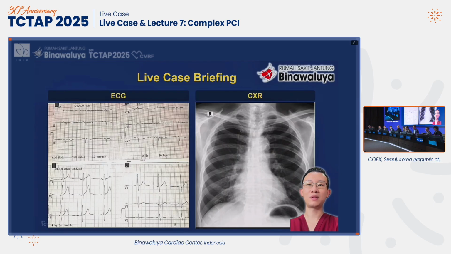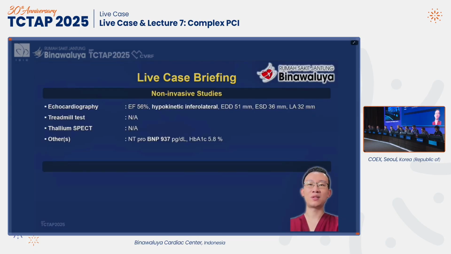The electrocardiogram showed normal sinus rhythm with old posterior infarction. Chest X-ray showed no cardiomegaly and no sign of congestion. Non-invasive testing showed a normal ejection fraction with inferolateral hypokinesis. Labs showed elevated NT-proBNP and pre-diabetes.